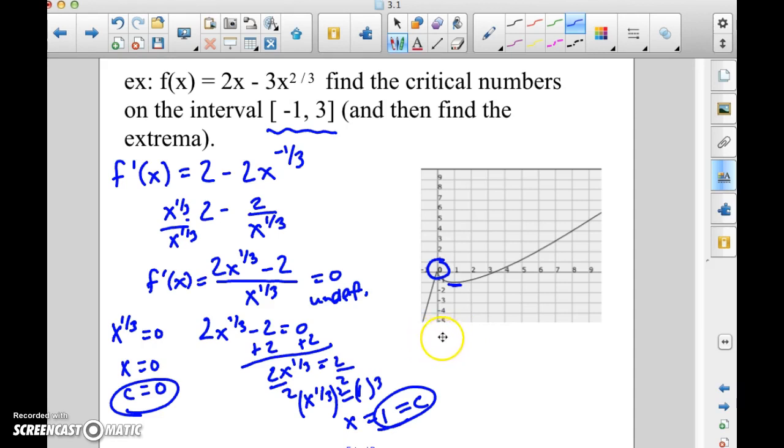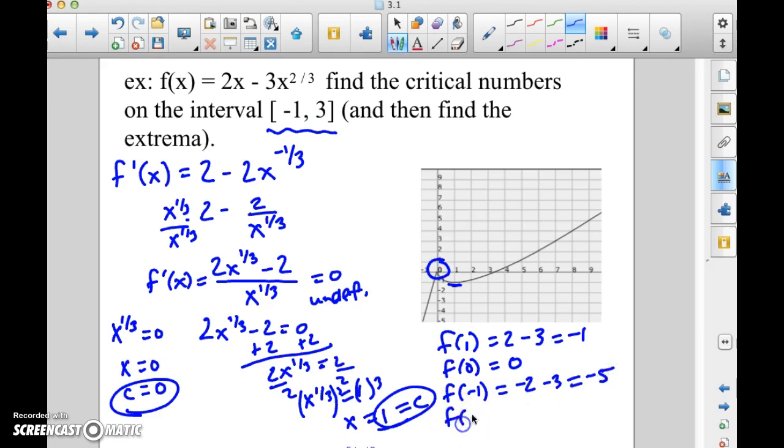So we're going to plug 1 into the original function. Plugging 1 into the original function up here, f of 1 would be 2 minus 3, so that equals -1. F of 0 would be 0. Then we need to check our endpoints. So plug -1 into the original function. We get -2 minus 3, which would be -5.